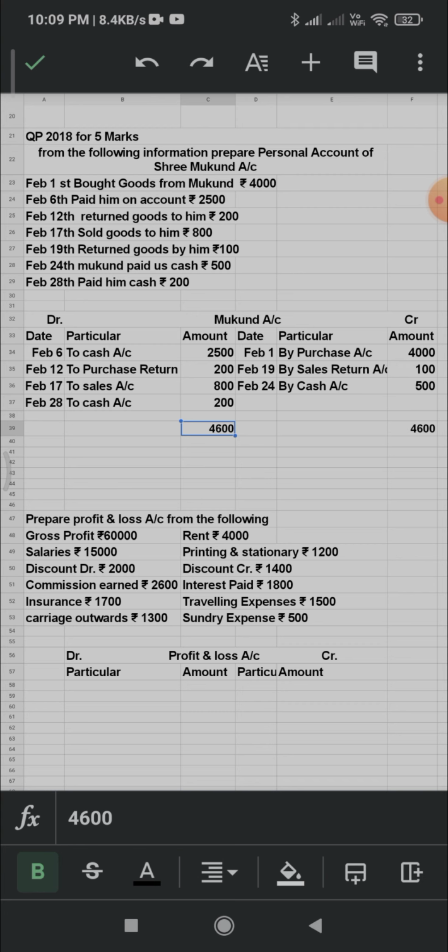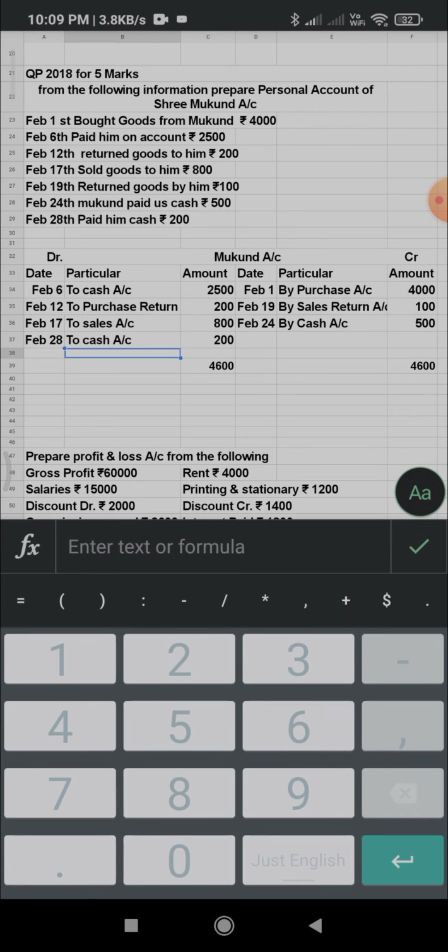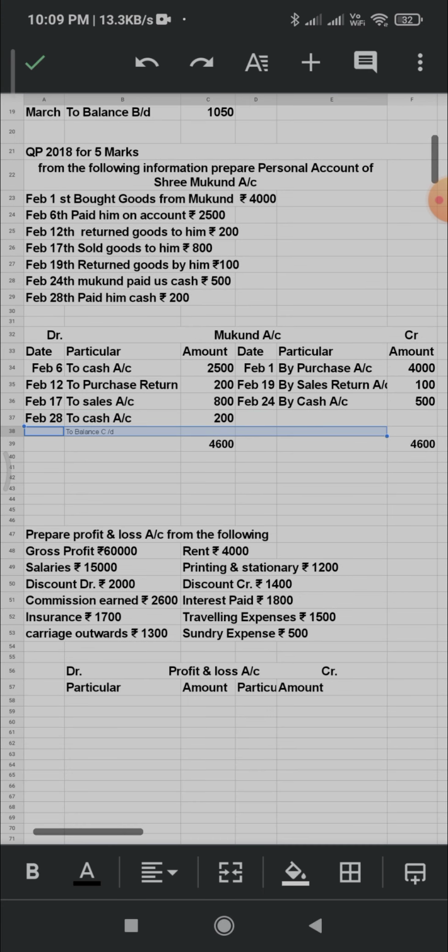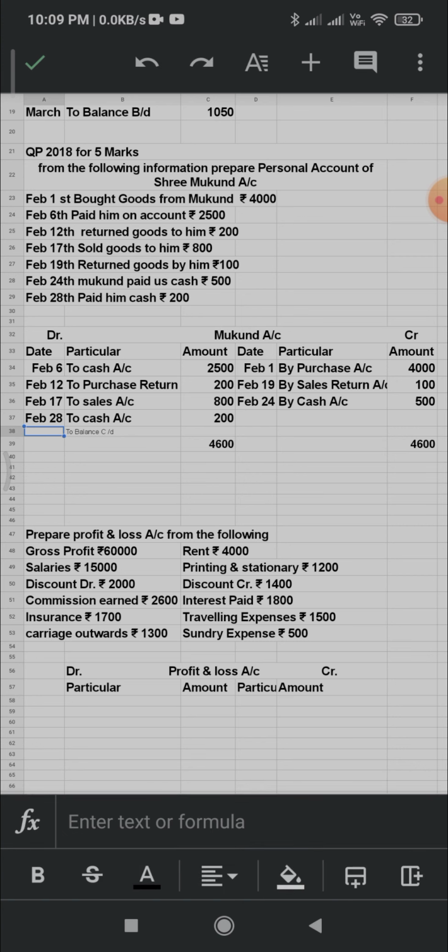Now we'll find the difference. The difference will be called to balance carried down. We'll write the balance amount here.